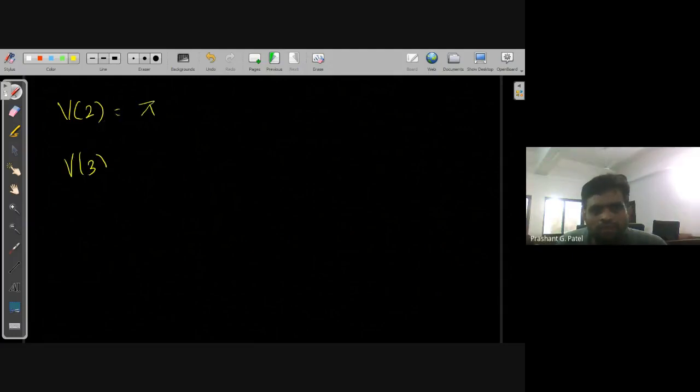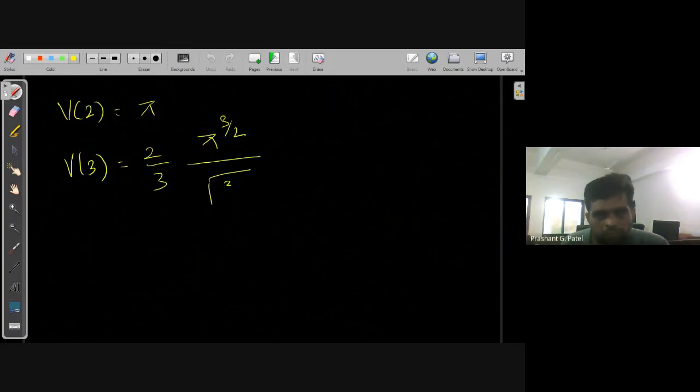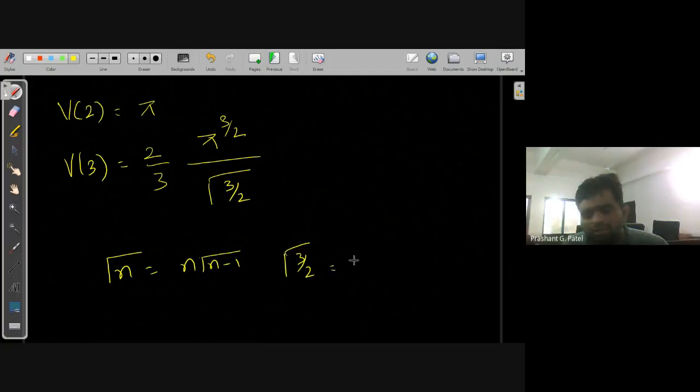For V_3, you can also verify. For V_3, what we have here is 2 by 3 pi raised to 3 by 2 upon gamma of D by 2, where D is 3, so it is gamma 3 by 2. Now what is gamma 3 by 2? We know gamma n is (n minus 1) into gamma (n minus 1). So it is 1 by 2 into gamma 1 by 2, and gamma 1 by 2, we know, is root pi.